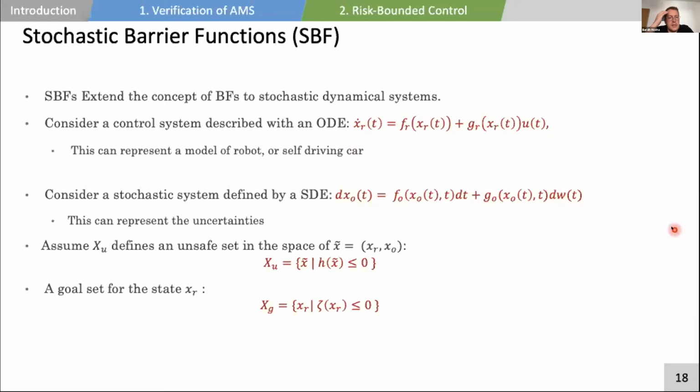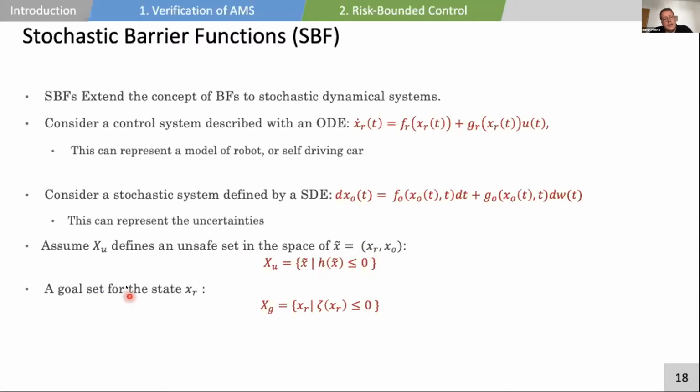This can represent the uncertainties. Let's assume that X_U defines the unsafe set in the augmented state of x_r, x_o. So we have X_U equal to all the values of x such that this h of x function, which we will discuss slightly later, is less than or equal to 0.